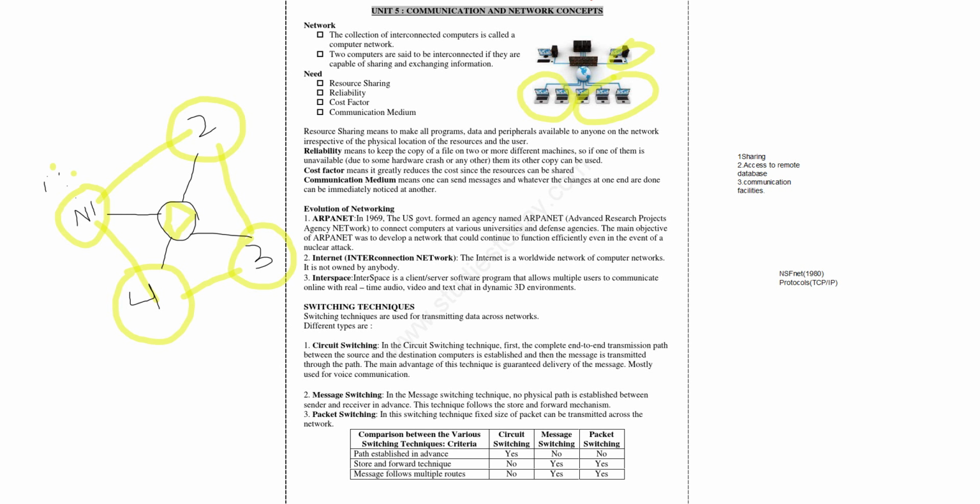Gateways are devices. Some devices will be kept over here because they are connected to the backbone, so these are considered as devices. So gateways are the devices which connect a network to the backbone of the network.